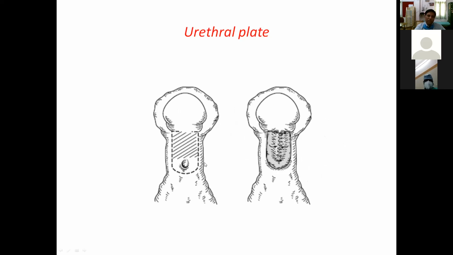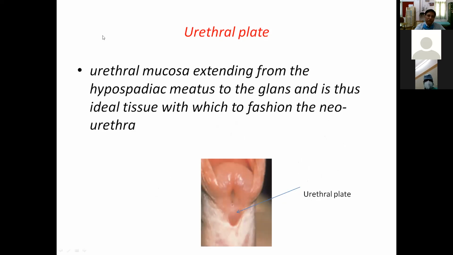The recent one is making use of the urethral plate. Urethral plate is nothing but urethral mucosa extending from the hypospadiac meatus to the glans. This is the meatus, from this area to the glans, this part of the urethra, and is the ideal tissue with which we fashion the neourethra.